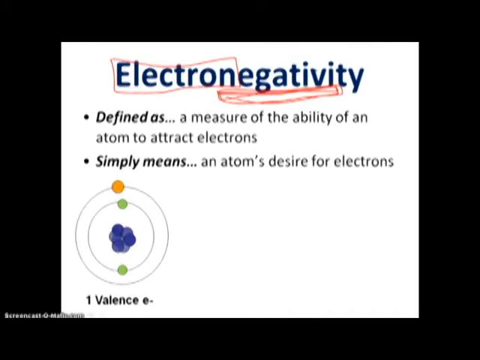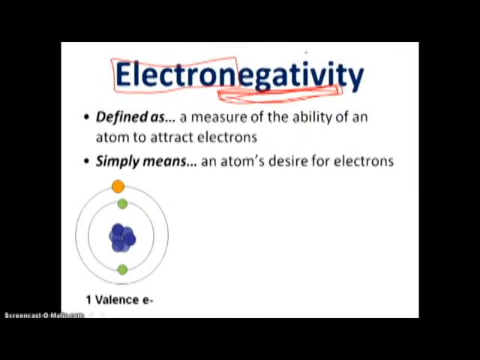Now, what we've seen in the periodic table is everything in group 1, your alkali metals, they have one valence electron. That means one electron on the outer ring. If you recall, how many electrons do all atoms want in their outer ring to fill it up? How many will fill up that ring? 8.